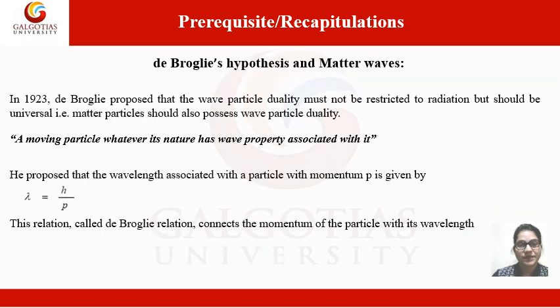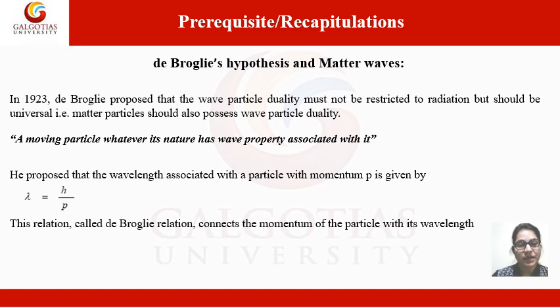Now in this slide we are going to discuss the de Broglie hypothesis and matter waves. Since wave functions are associated with matter waves, we should know what matter waves are and what de Broglie hypothesized regarding them. De Broglie proposed that wave particle duality must not be restricted to radiation but should be universal. That is, matter particles should also possess wave particle duality.